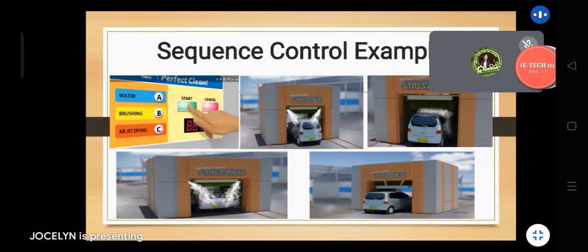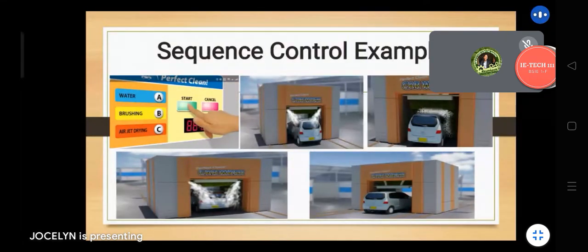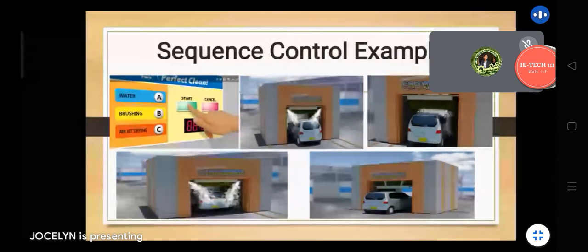And once the sensor for watering sees that there is already an object, okay, at the entrance of the car wash, the sensor that is used, if there's already an object coming in, that will trigger the water sprinkler. So what it does is it opens the hose, and then it will sprinkle water on the car.